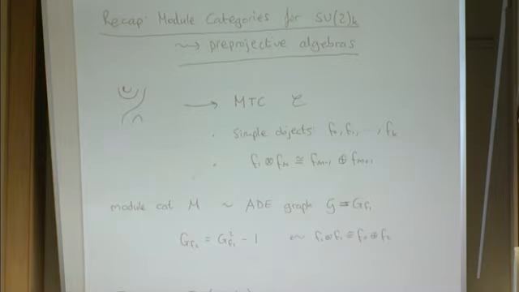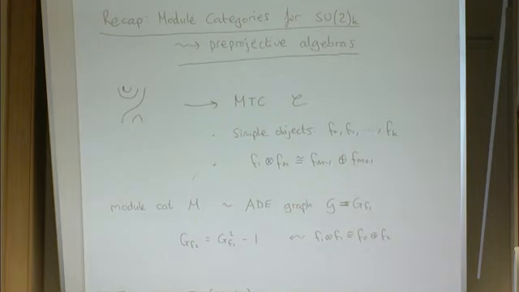Now, a module category for this category C is essentially classified by an ADE linking diagram G, which really is telling you how the simple object F1, the fundamental generator of SU2 at level k, acts on the objects of your module category, and you can get the action of all the other simple objects of C from this, because, as Alistair pointed out, it satisfies the same fusion rules as SU2 at level k.